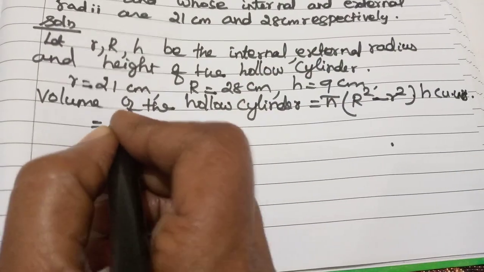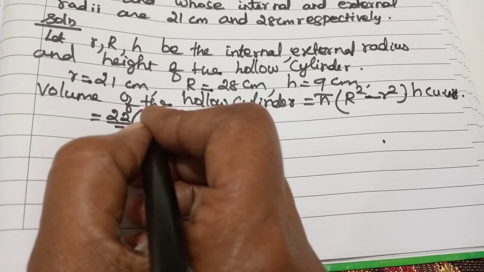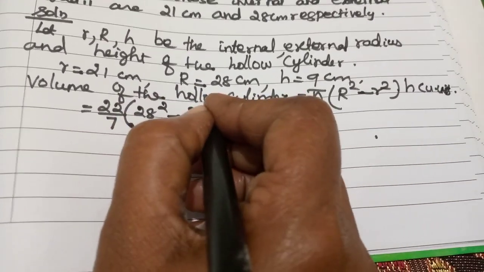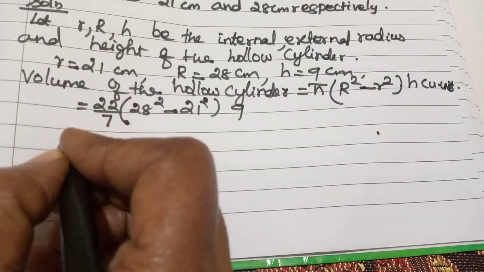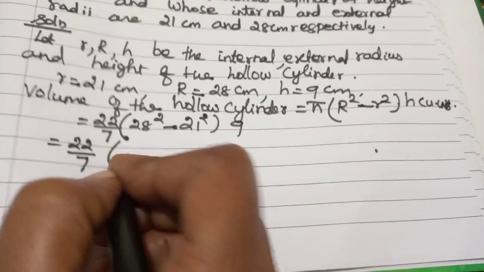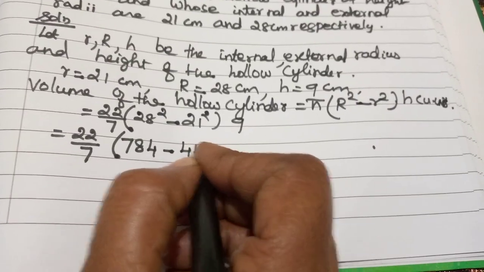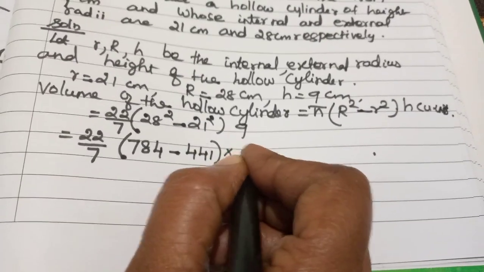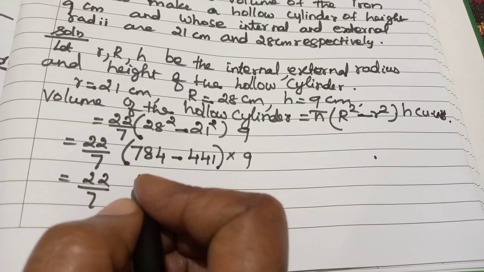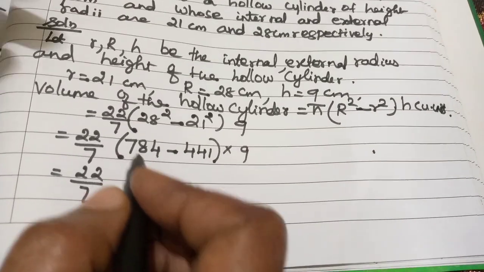What is the value of pi? 22 by 7 into capital R square is 28 the whole square minus small r square is 21 the whole square into 9, which is equal to 22 by 7 into, what is 28 square? 784 minus, what is 21 square? 441 into 9, which is equal to 22 by 7 into, let us subtract, both subtract, you get 343.